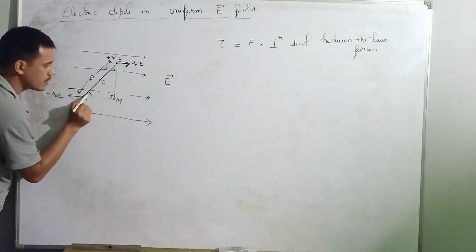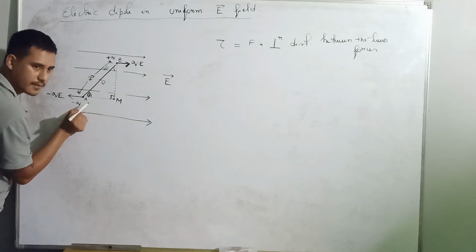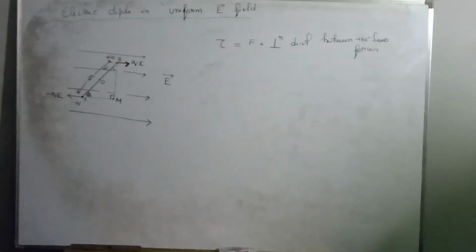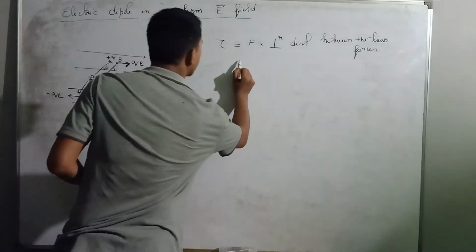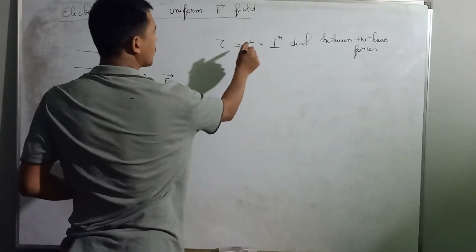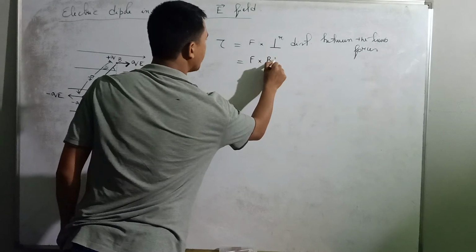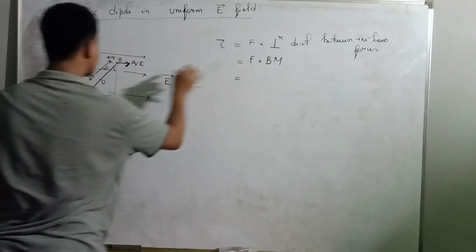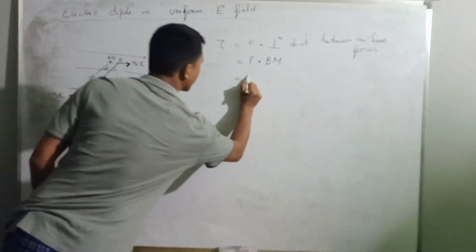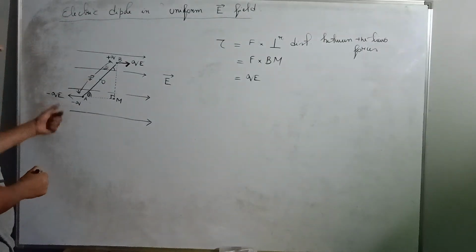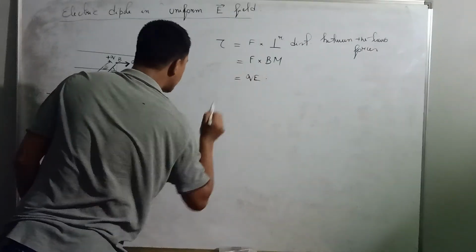Then this angle will also be theta. In that case, your torque will be F times the perpendicular distance BM. Either of the forces, I can take any one, QE or minus QE, times BM.